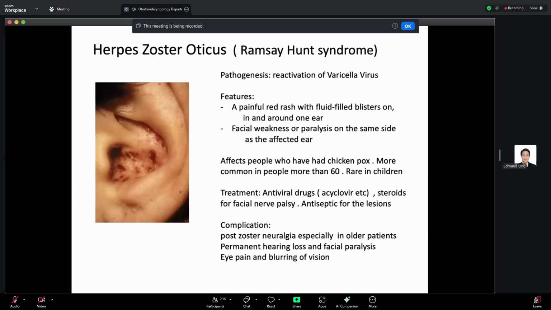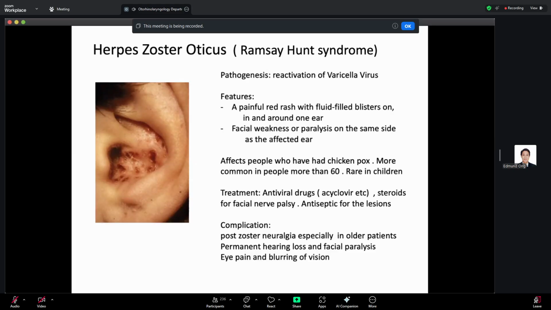Now we go to herpes zoster oticus. This is just a reactivation of a varicella infection. So once you have vesicles over the ear secondary to varicella infection, this is herpes zoster oticus.